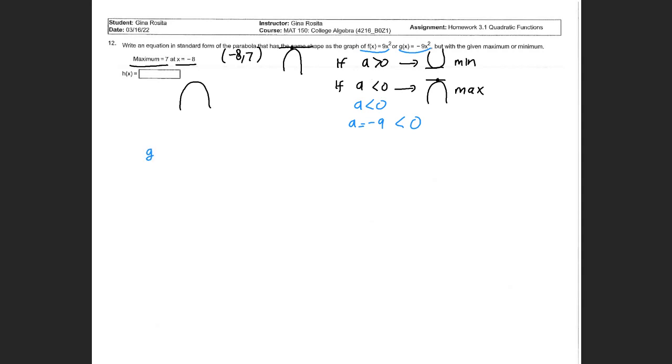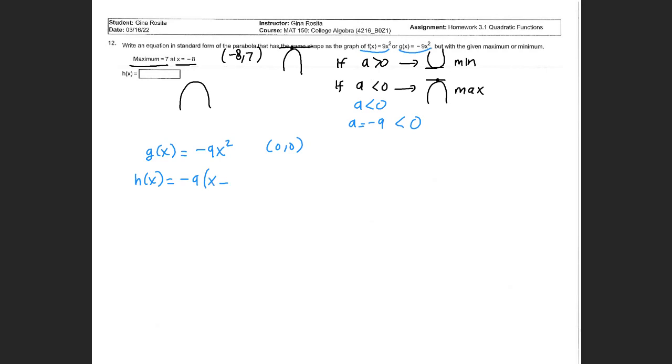So we choose g of x equals negative 9x squared, where the vertex is 0, 0. Now we find h of x equals negative 9 times the quantity x minus.